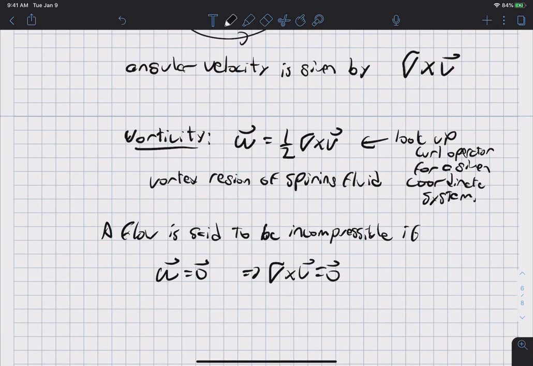So the flow is incompressible. Sorry about that. Irrotational.